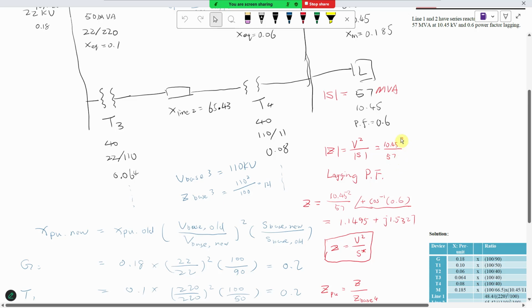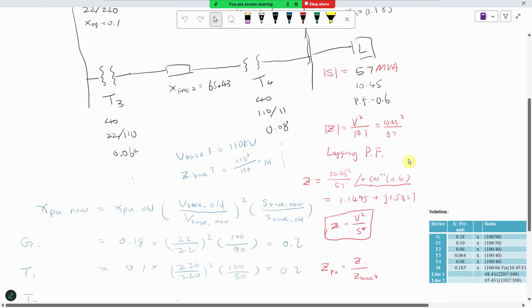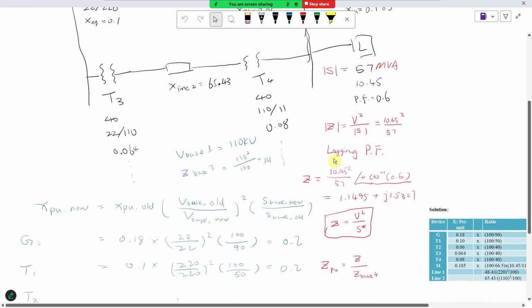There's a kV squared and an M, so they also cancel, million. For the lagging power factor, that means the current lags the voltage. If the voltage angle is 0 as a reference, then the current should have a negative phase angle. But Z will be positive because I equals V over Z, so Z gets a positive angle, so that's where you got this.